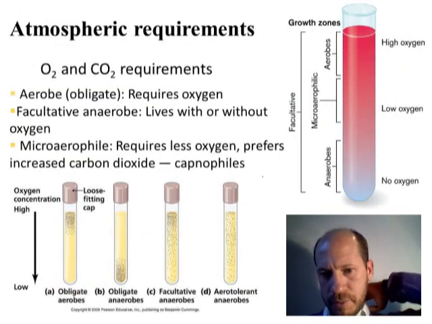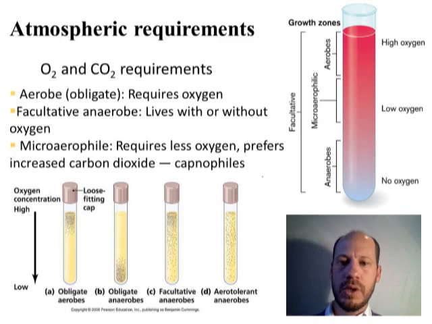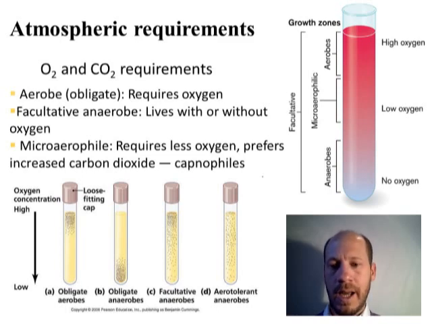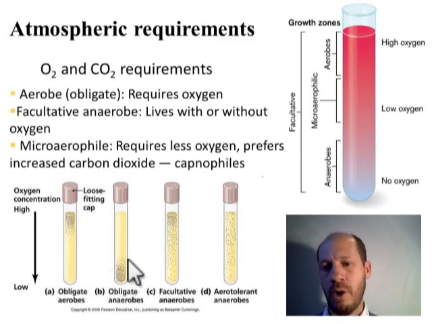So the atmospheric requirements, we're talking mostly about O2 and CO2 requirements. Normally we assess this when we put a bacteria on agar medium in the test tube, and if the bacteria colonizes the bottom of this tube, where it has very little oxygen, this is an anaerobe.